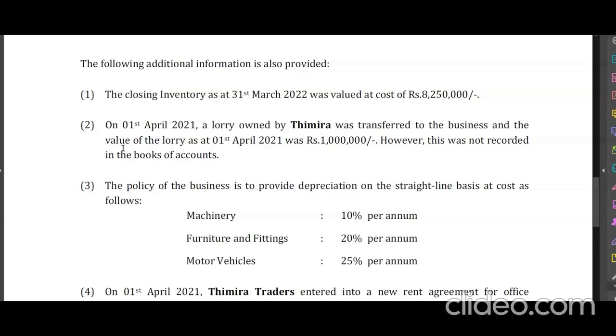However, this was not recorded in the books of accounts, so you have to add this asset to the non-current assets, plus calculate the depreciation expense for 1 year, because this is the starting date and you are preparing the financial statements at the ending date of the year.